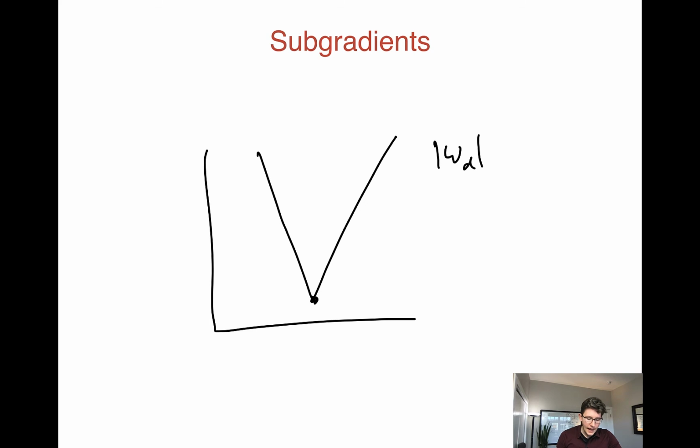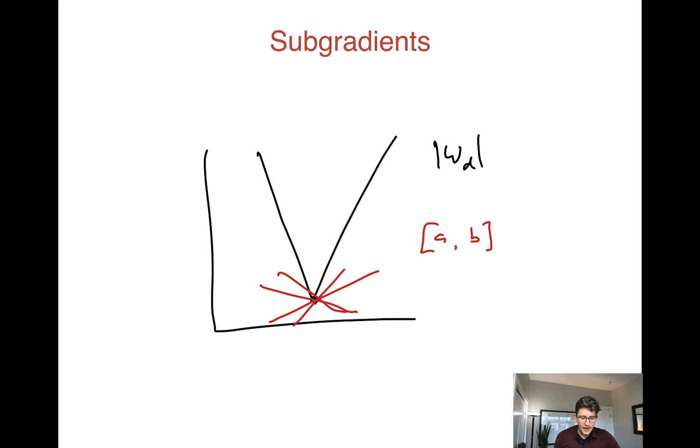But a given gradient is a subgradient at a given point if the linear approximation of that function stays below the true function. Now, note that there are many gradients that are all subgradients at this point. So in the 1D case, instead of a single slope, we're going to get an interval of slopes.